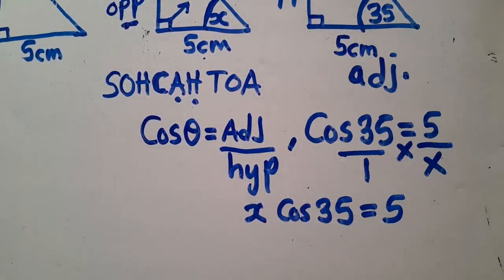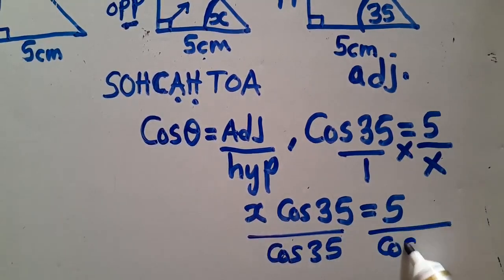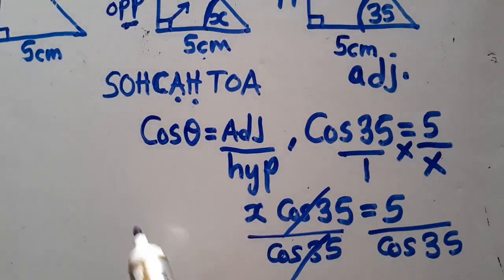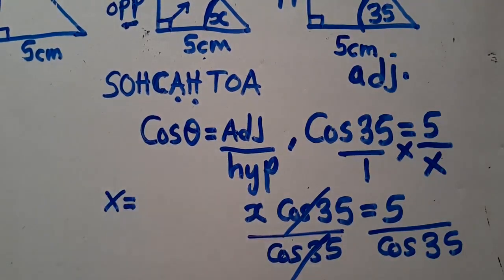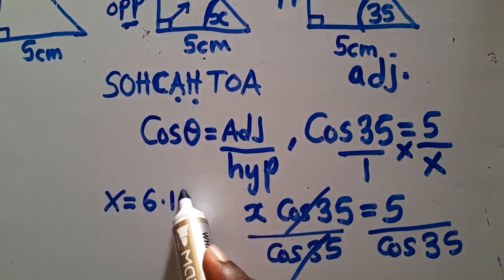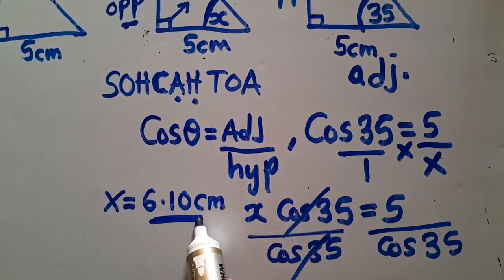So here you divide both sides by cos 35. This and that will be cancelled. You are going to have x equal to 5 divided by cos 35. What answer are you getting? You are getting 6.10. Then you just say centimeters. That is the value there.